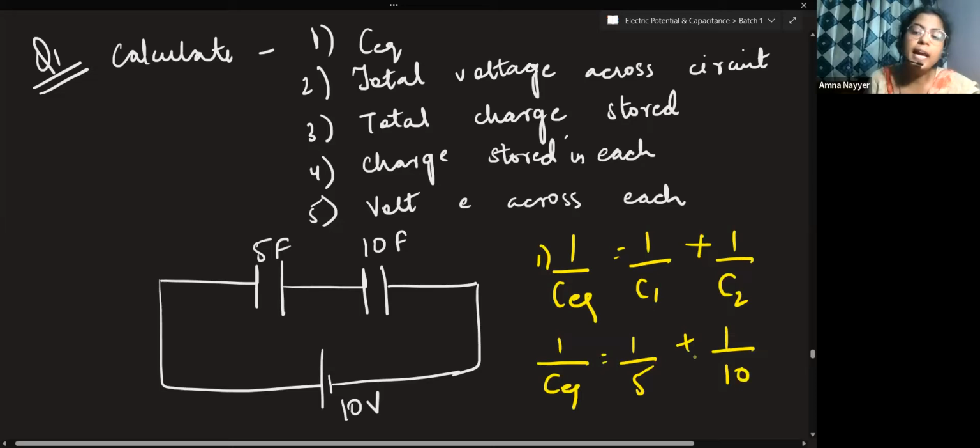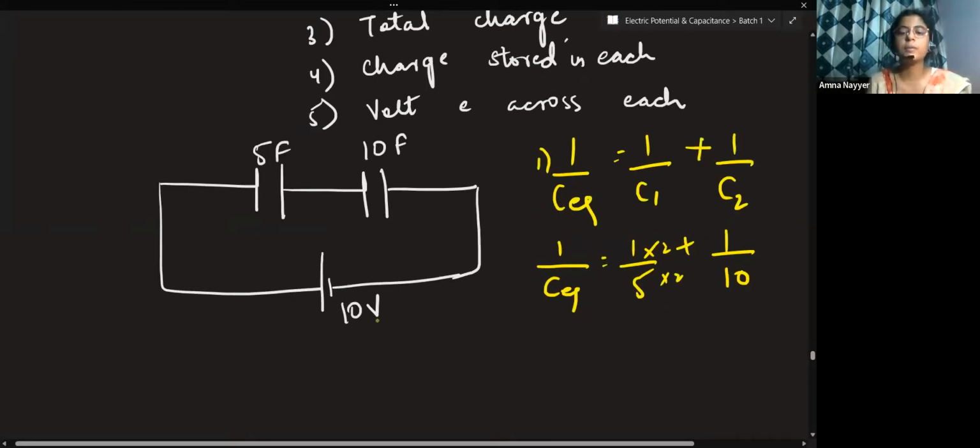Fahad, you cannot directly add them in the denominator, because the denominators are different. So you have to take the LCM. LCM will obviously be 10. So multiply and divide by 2. That's how we take the LCM. So 1 by C equivalent becomes 2 plus 1 divided by 10, that is 3 by 10.